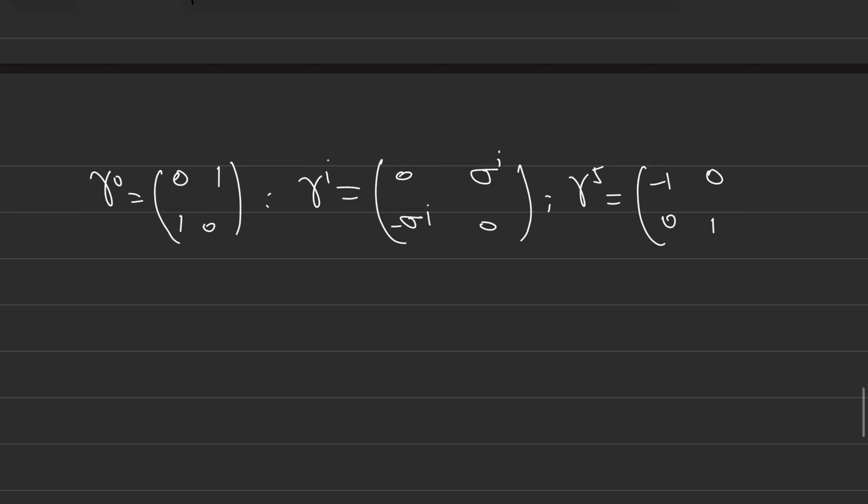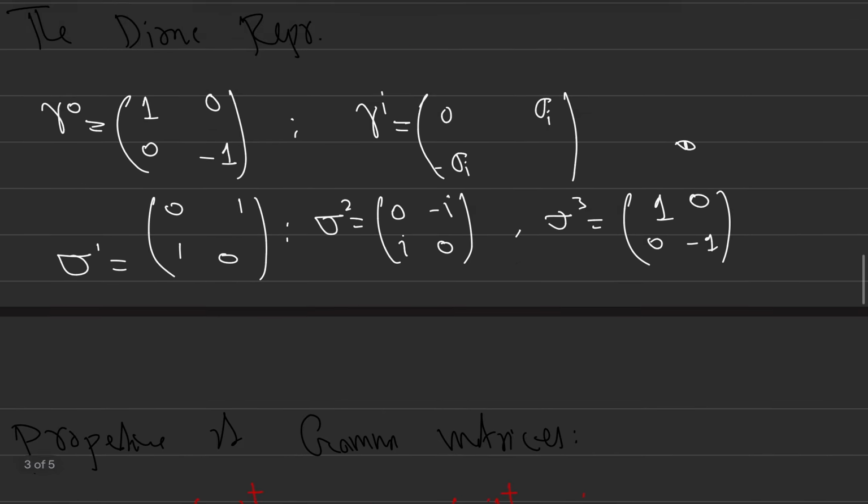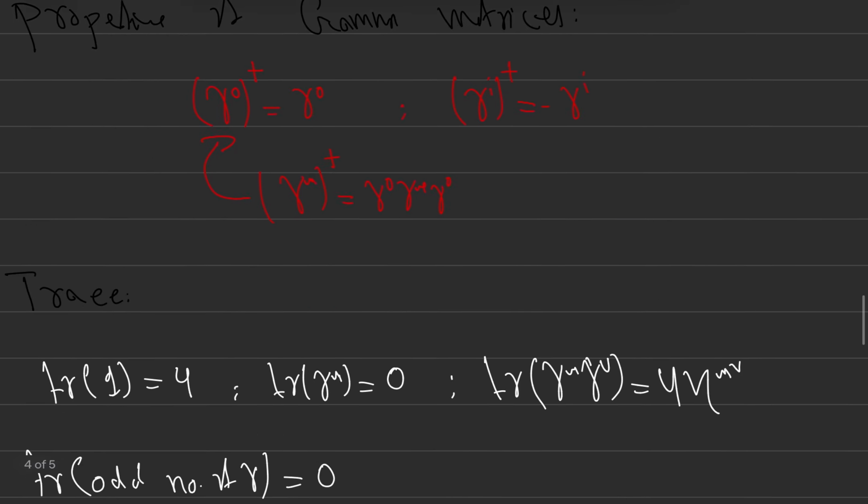So gamma 0 and gamma 5, both of these change their form, while the spatial gamma matrices are the same as they were previously.